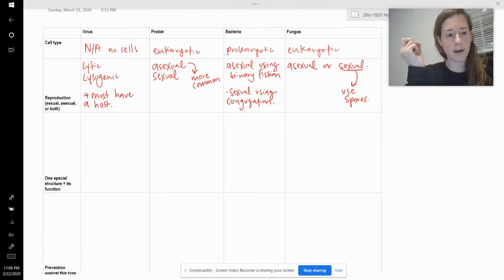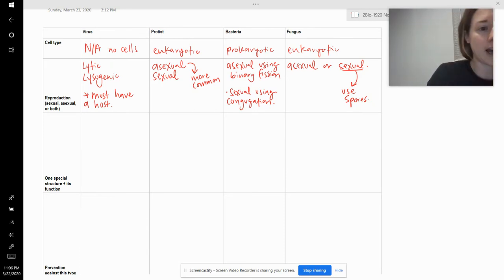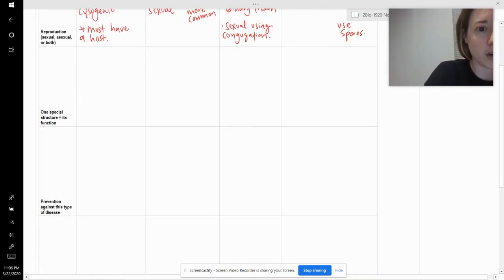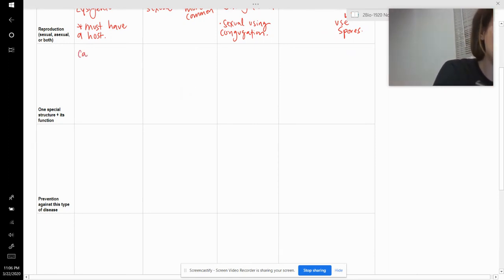Okay. For special structures, there can be many right answers to these. And in your review guide, there's many things you can put and still be right. For a virus, you could have capsid, which is the protein coat.